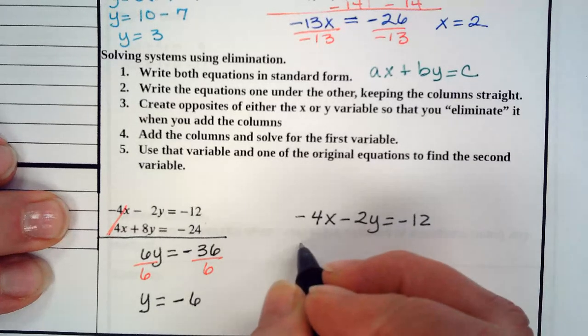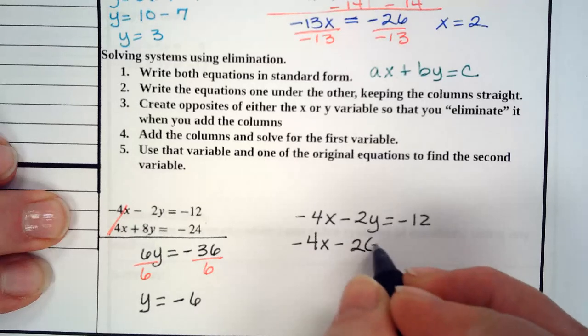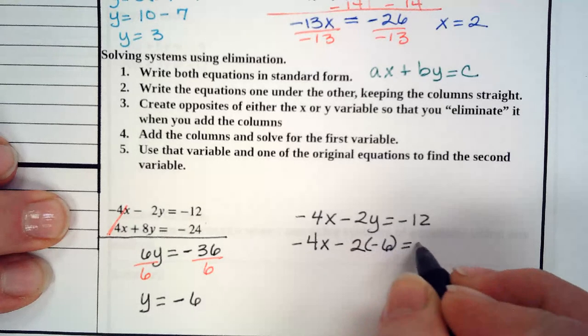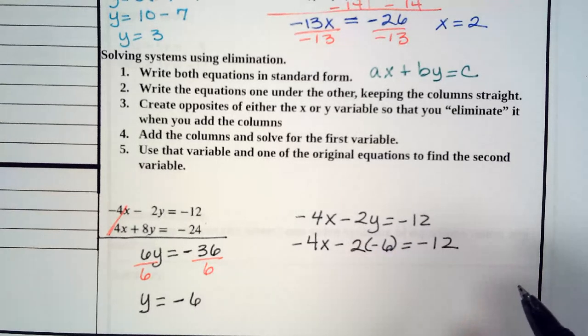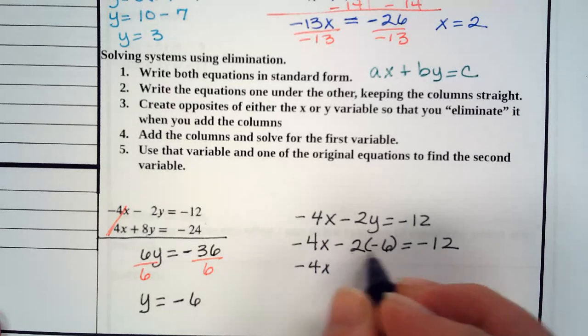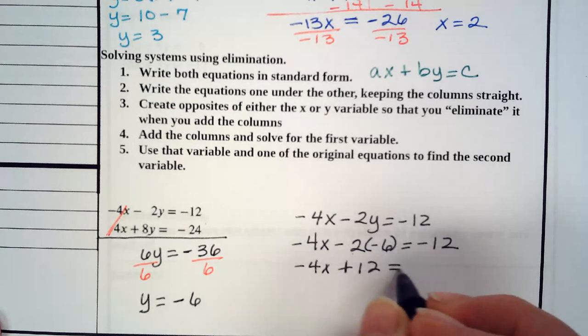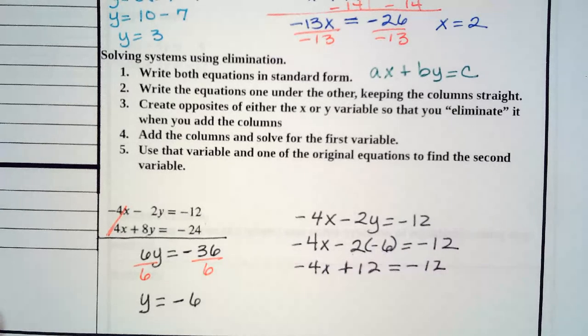Y is negative 6. Negative 4x minus 2 times negative 6 is equal to negative 12. Negative 4x, negative 2 times negative 6 is positive 12, is equal to negative 12.